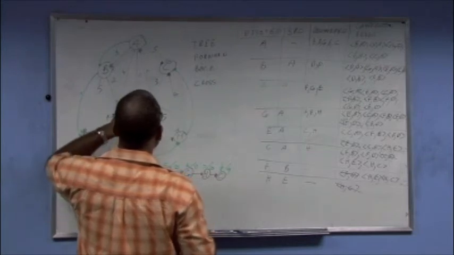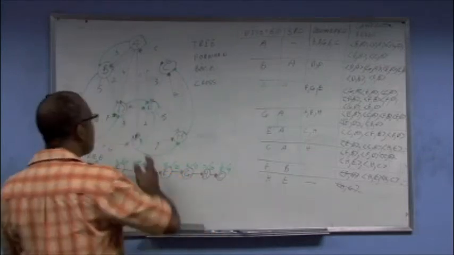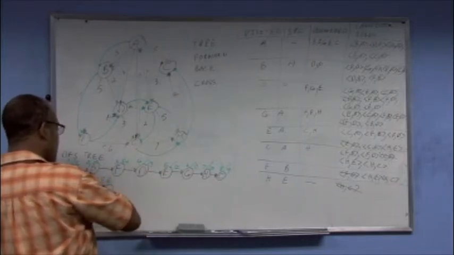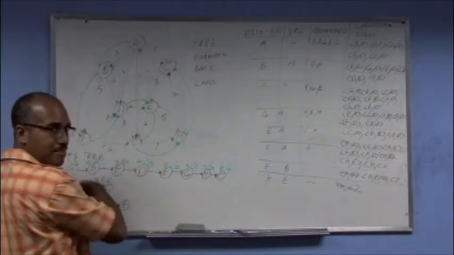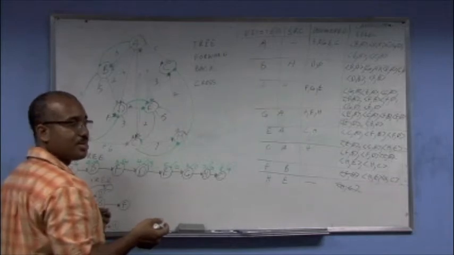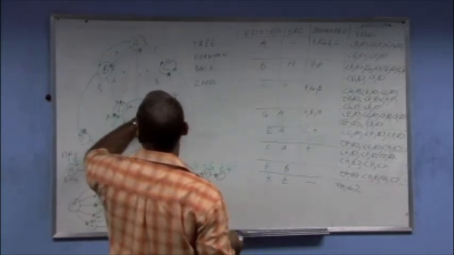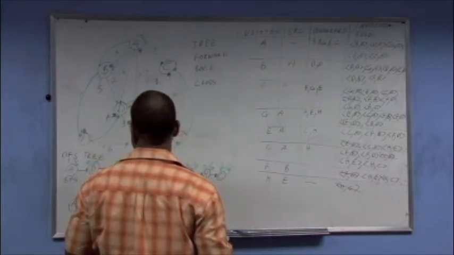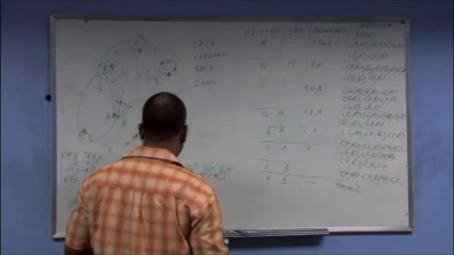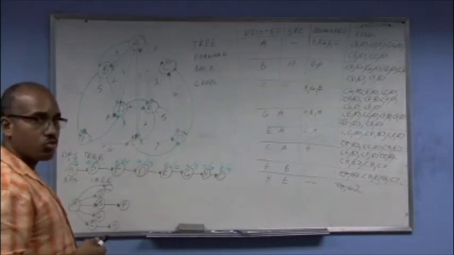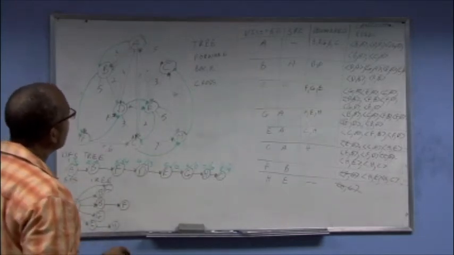The edges that would carry us back up the tree, let's say the edge from E to A, that would be a back edge. And the edges that don't have an ancestor-descendant relationship at all, those would be cross edges.